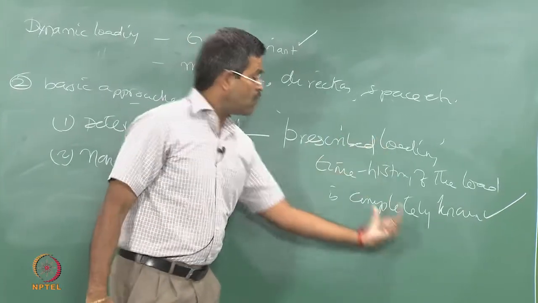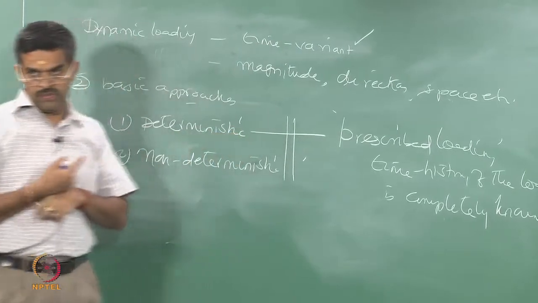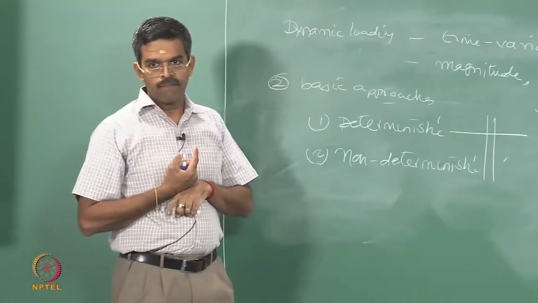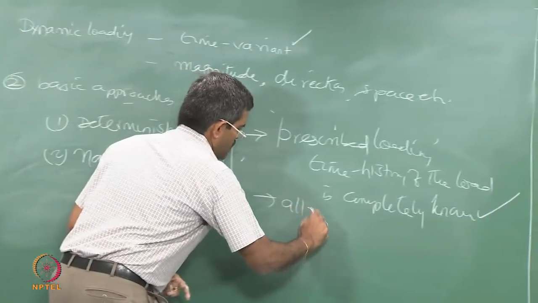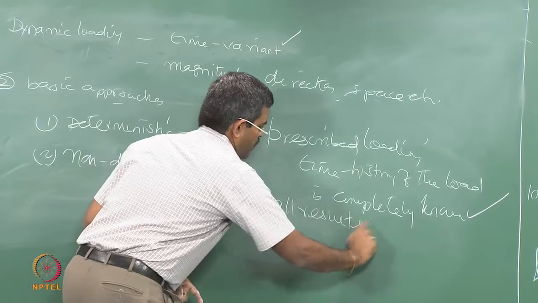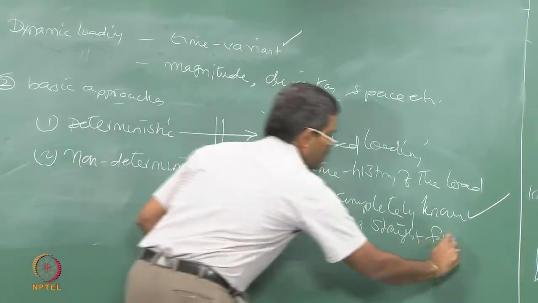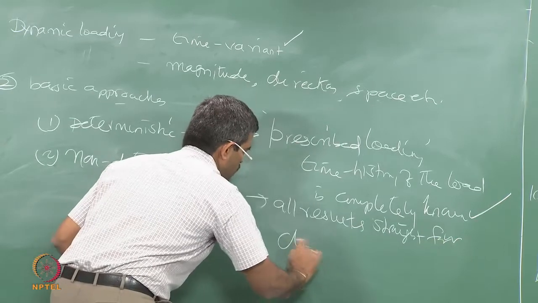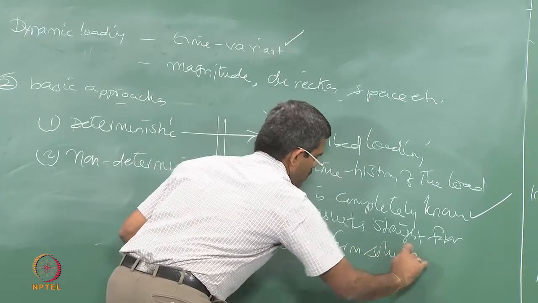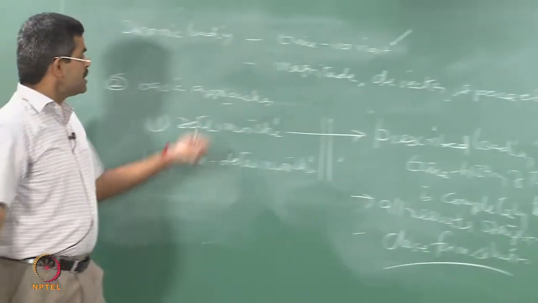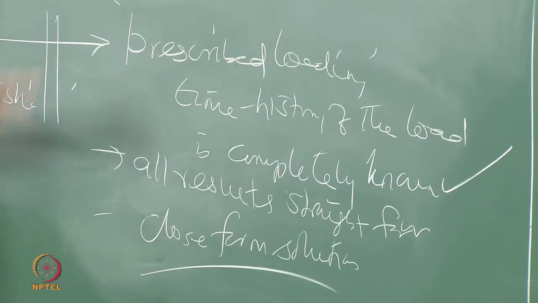If I have a prescribed load time history and I do dynamic analysis, I call that a deterministic approach. I derive all results straightforward. So the answer is a closed form solution. The deterministic approach will give me a closed form solution to all the problems I am doing for dynamic analysis.